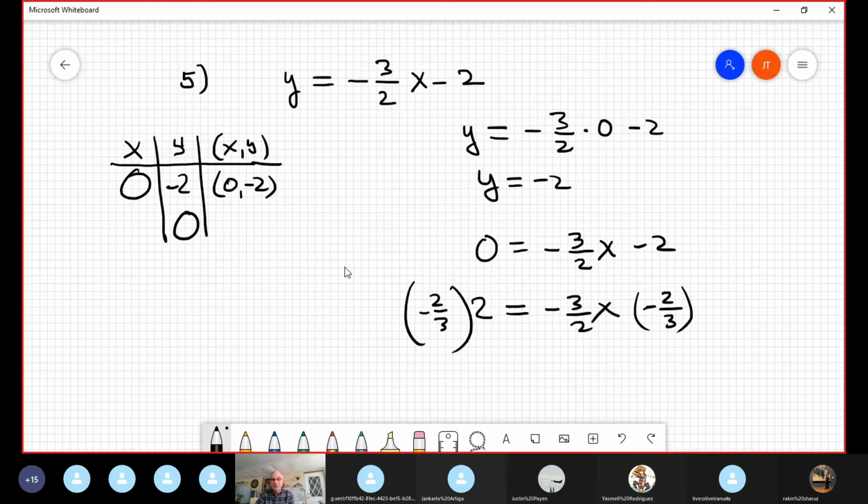Because it's the reciprocal. What is the reciprocal of negative 3/2? It is negative 2/3. And when you multiply any number times its reciprocal, the answer is 1. So this is x. And now the multiplication here gives negative 4/3. So the point is negative 4/3, 0.